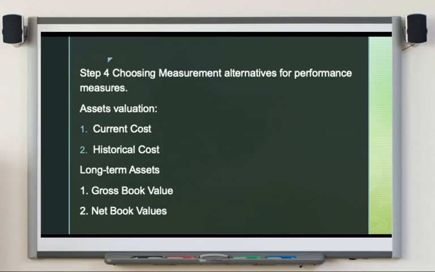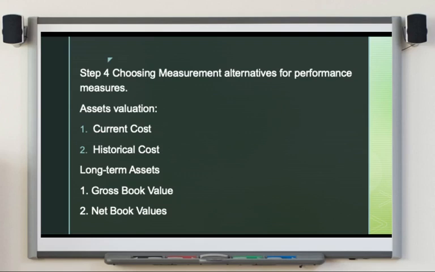Another decision that you need to make in step 4 is to choose whether you will be using the gross book value method or the net book value method for your long-term assets. That is whether you will consider the accumulated depreciation incurred in the past to reflect the current value of the long-term assets.